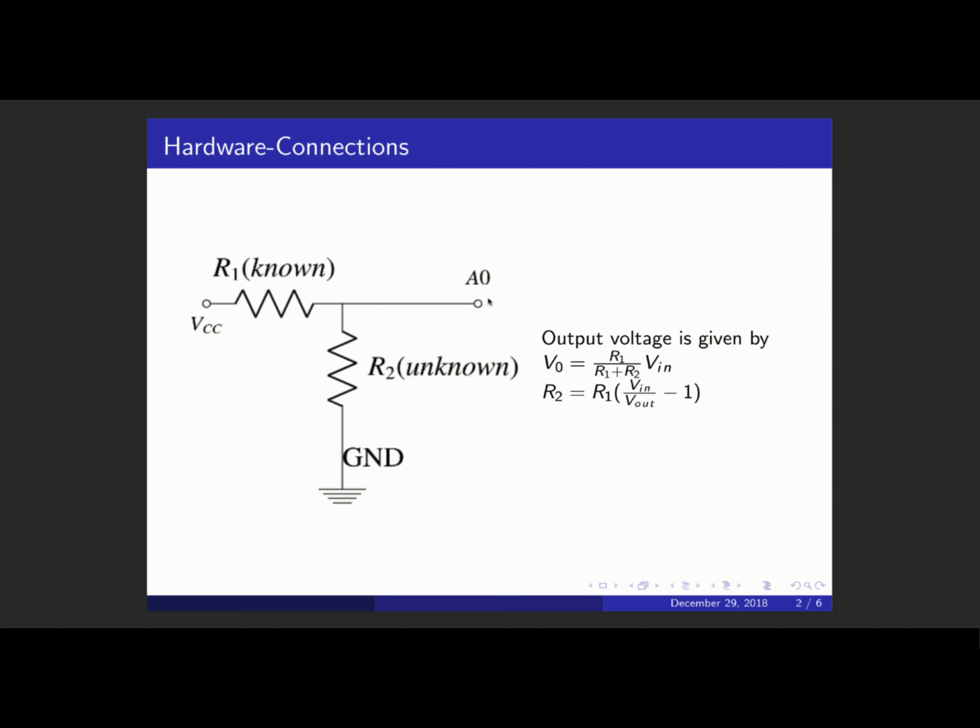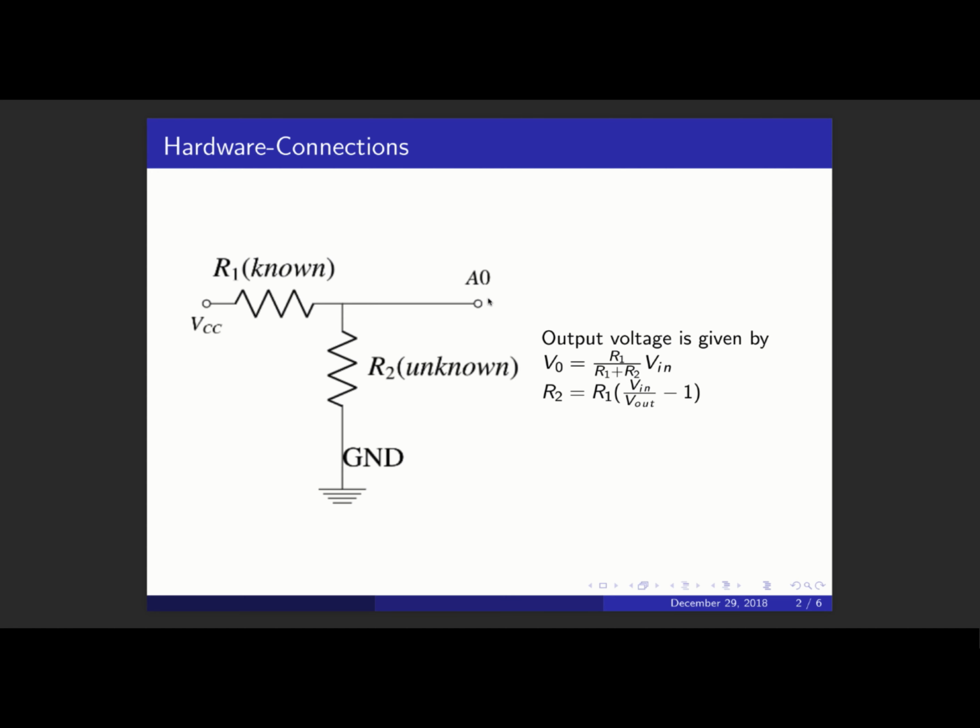This circuit calculates the output using the voltage divider rule. So the output V out will be R1 divided by R1 plus R2, into V in. We need to calculate R2, that is the unknown resistance of the second resistor.